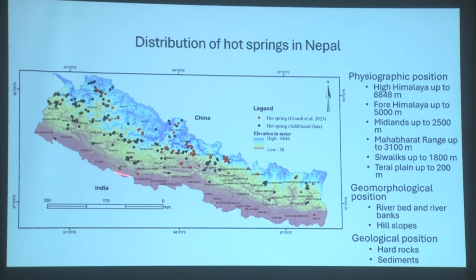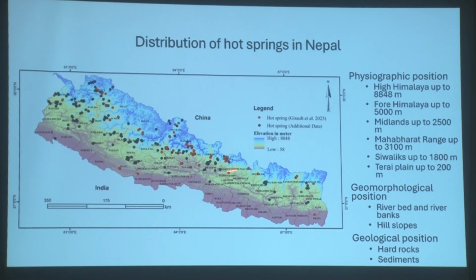From the south, Nepal starts with the plain area we call the Tarai Plain, and hot springs are reported from the Tarai Plain also. Then the Siwalik goes up to 1,800 meters, and there are a few hot springs in the Siwalik foothills, which is a very young mountain.